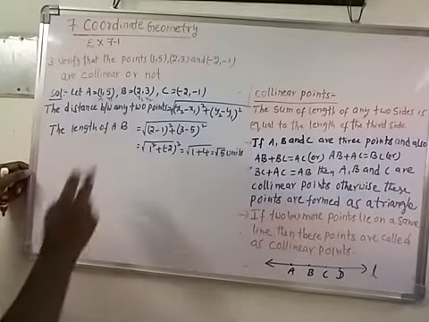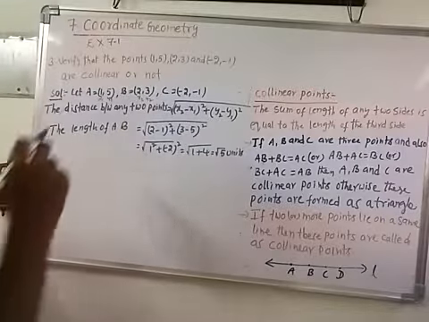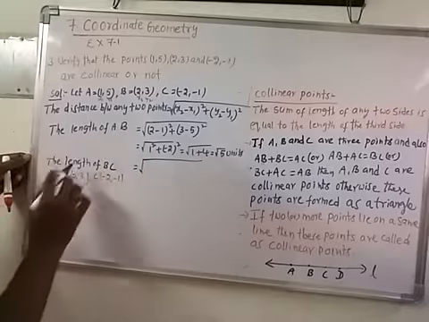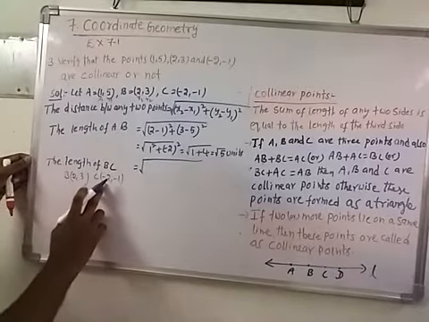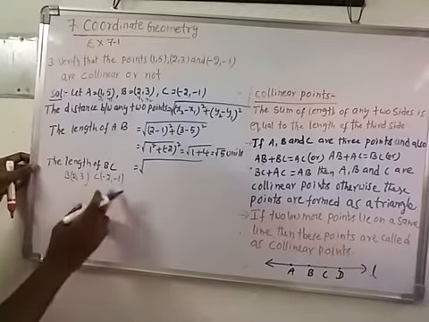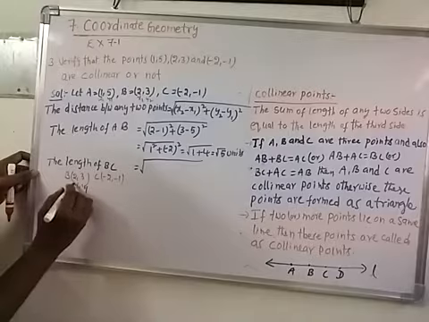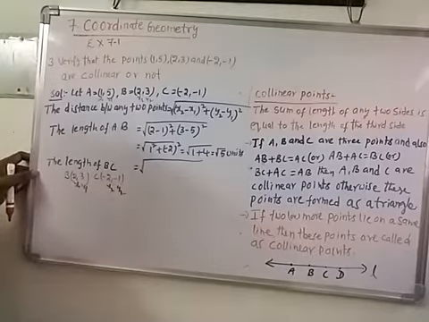And now we find out the length of BC, and also the length of CA. So the length of BC, where B is (2, 3) and C is (-2, -1), 2, 3 is x1, y1 and C is x2, y2.